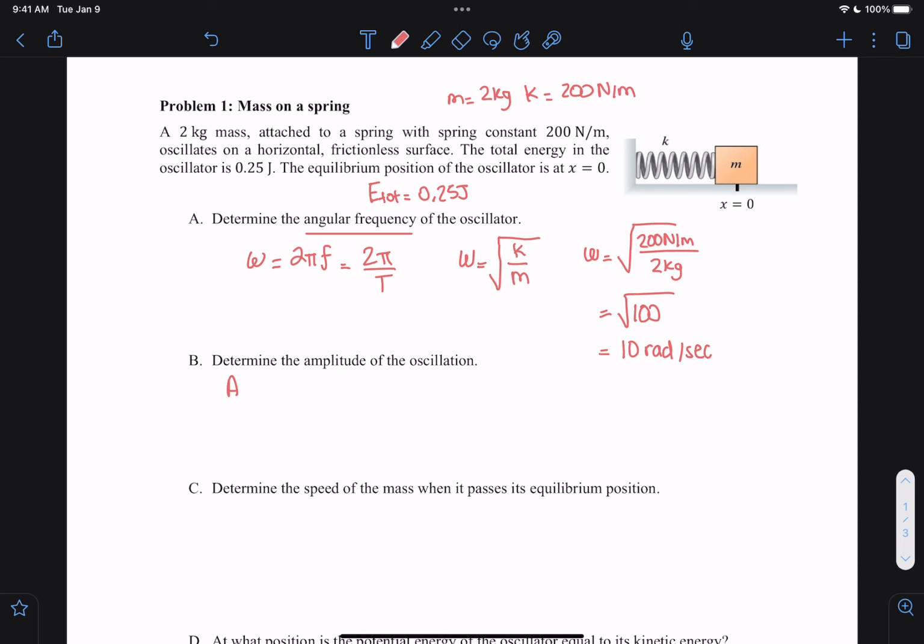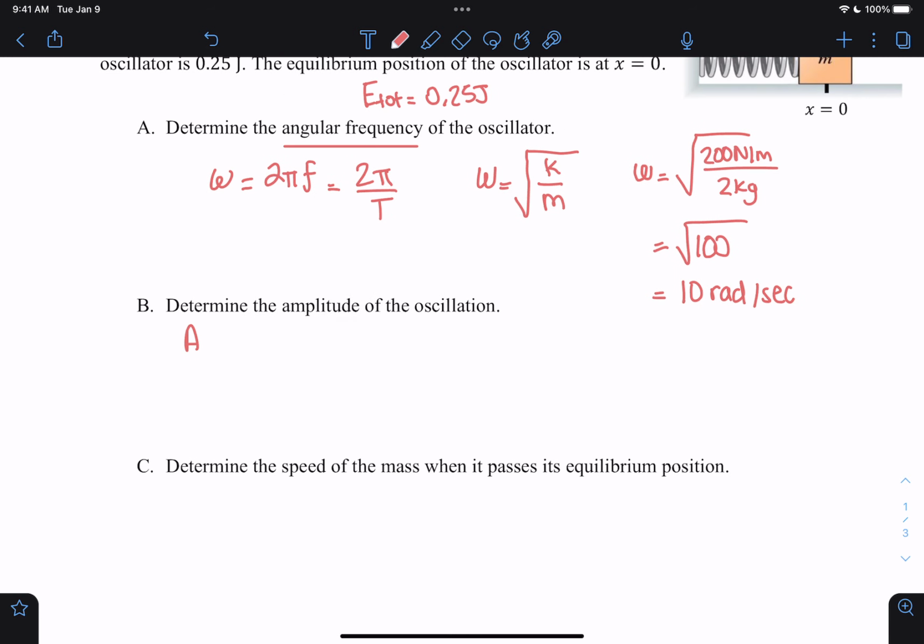Is there a relationship between energy and amplitude, or between angular frequency and amplitude? How can we figure out the amplitude of the oscillation here? Any takers?